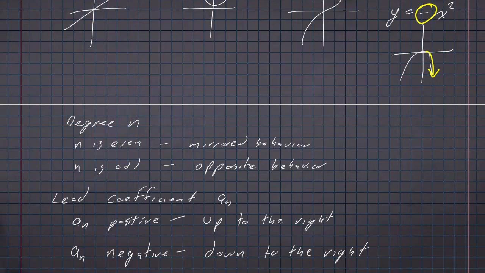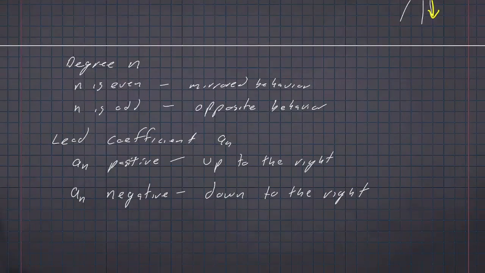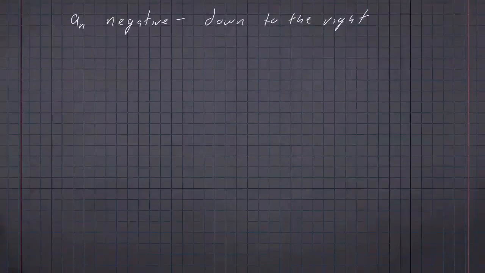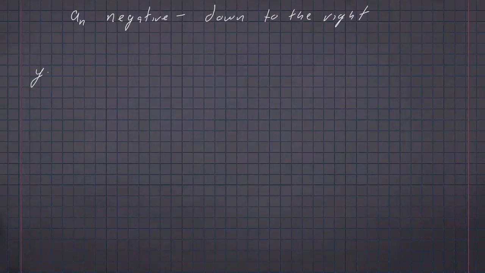The other thing we have to figure out are the axis intercepts. So if we can find the end behavior, and we can also find the axis intercepts, then we're going to be in great shape. Right? The y-intercept is always easy.